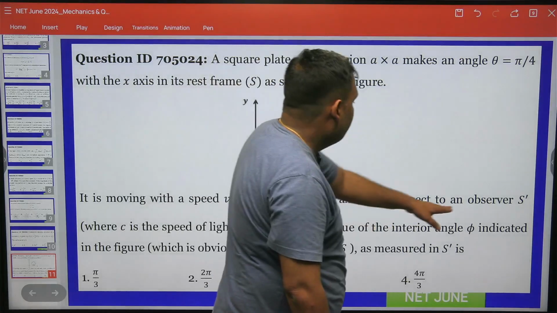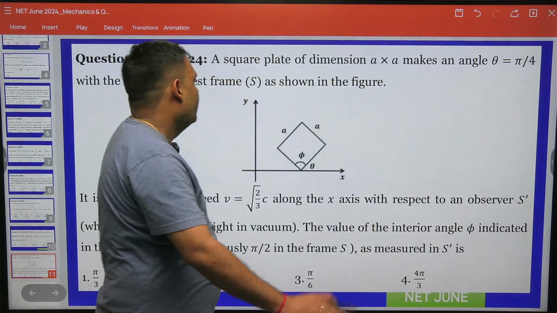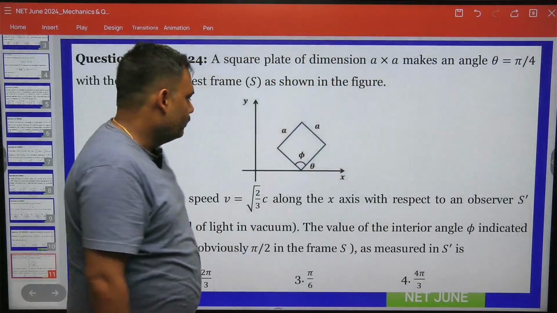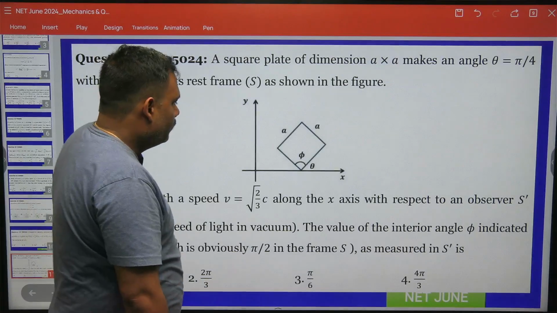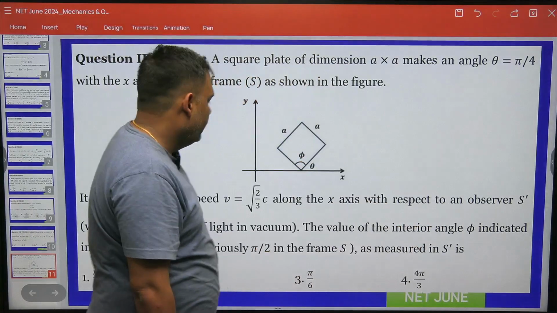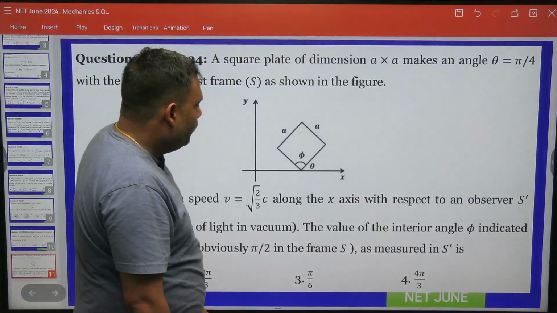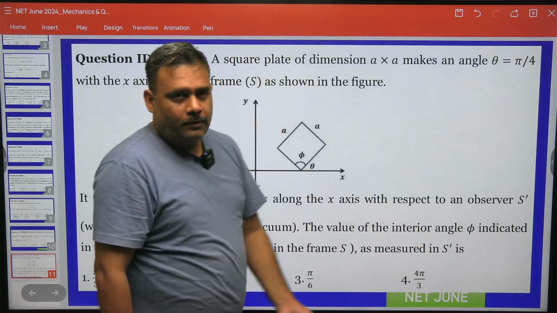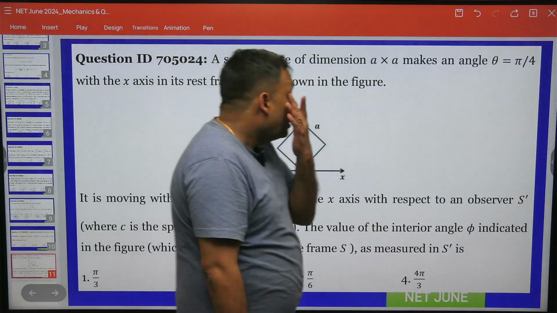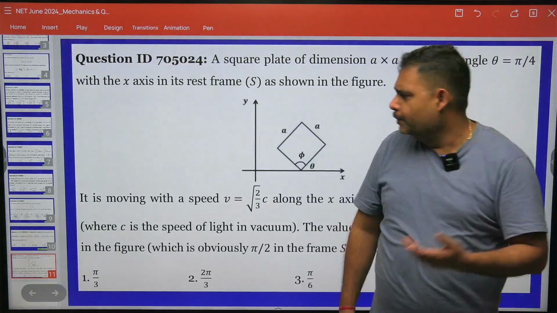Along the x-axis with respect to observer S dash. So this is your x-axis, and this is moving with respect to S dash. So there is not any problem. So the value of interior angle phi, we have to calculate this interior angle phi with respect to S dash. So students, how will you go for that? Very simple.